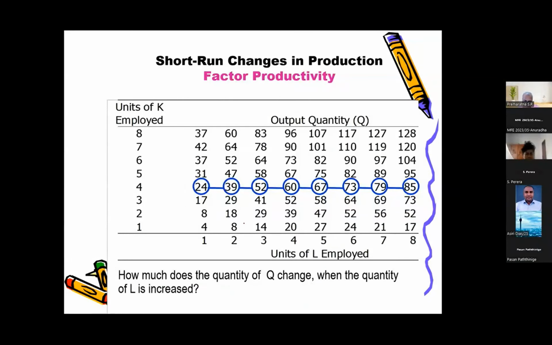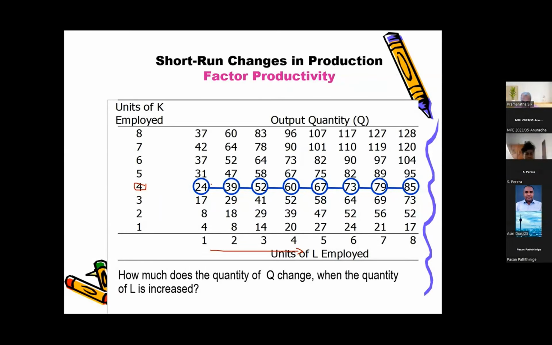And when you look at the short run situation, as we explained, given fixed input, in this case capital, and change in labor, the input, in this direction the producers move: 24, 39, 52, 60, 67, like that. So all these values, short run or long run, doesn't matter, are technically efficient.